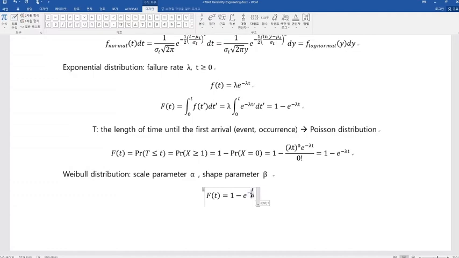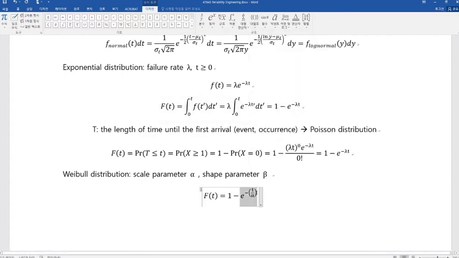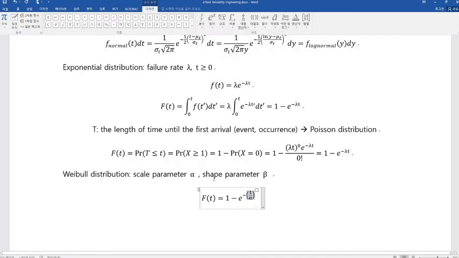So it actually changes the time scale. That is why it is called a scale parameter. Take a parenthesis and power of beta.